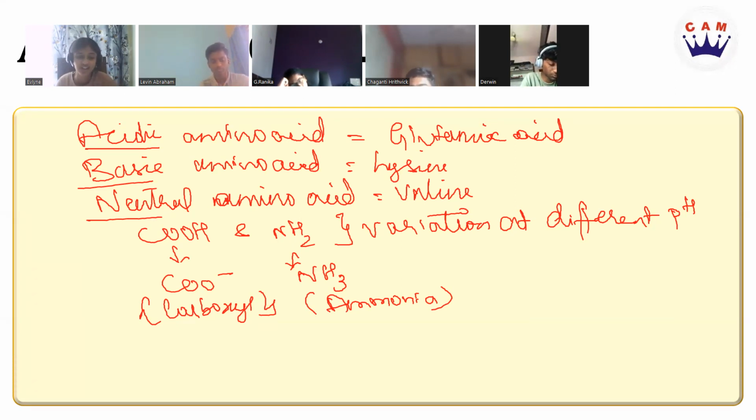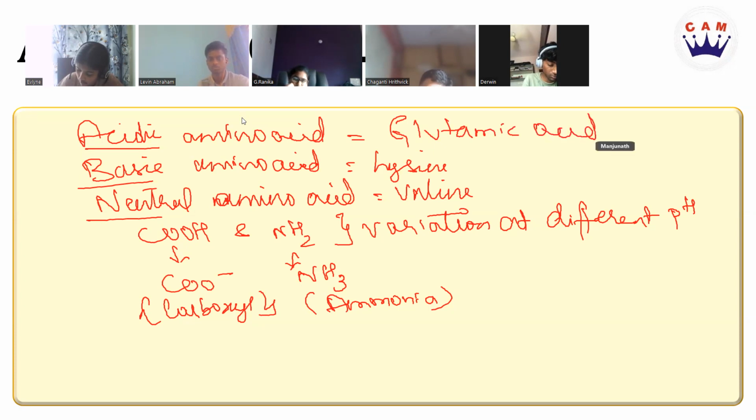Can you just spell the acidic and neutral amino acid? Spelling you want. Yes, sir. Okay. I'll write again. Glutamic acid. Neutral amino acid is valine.